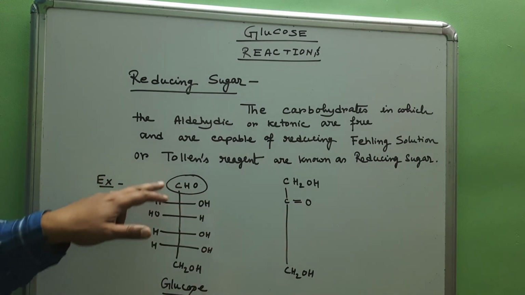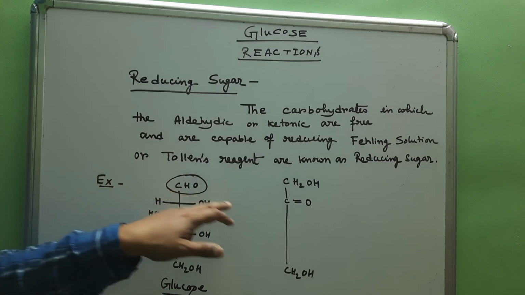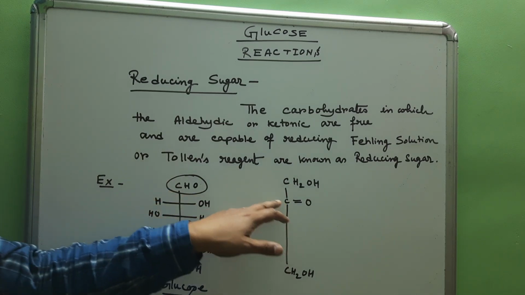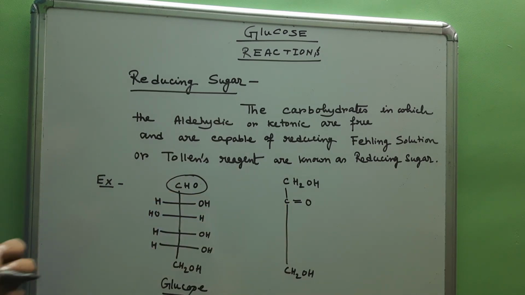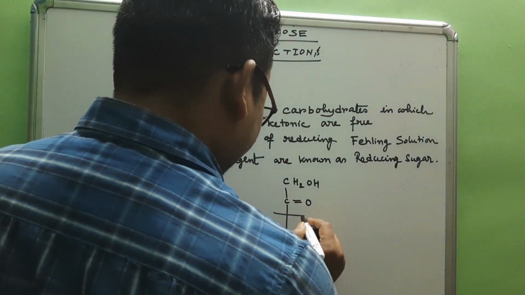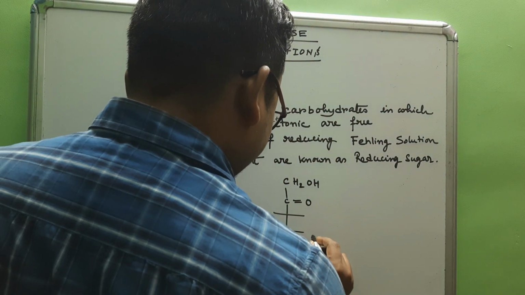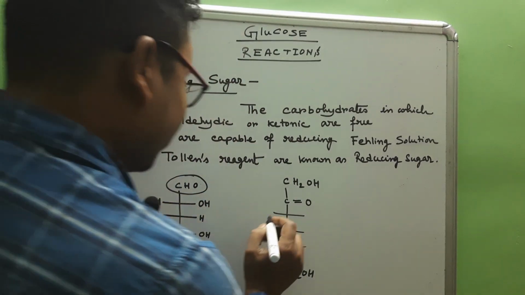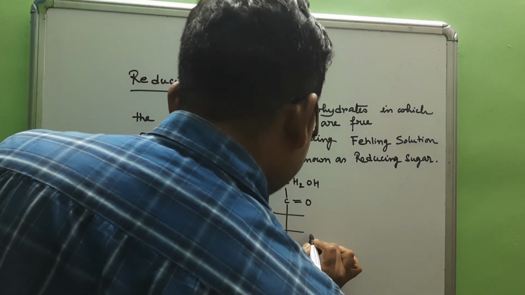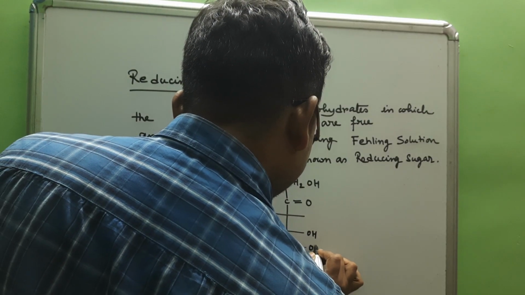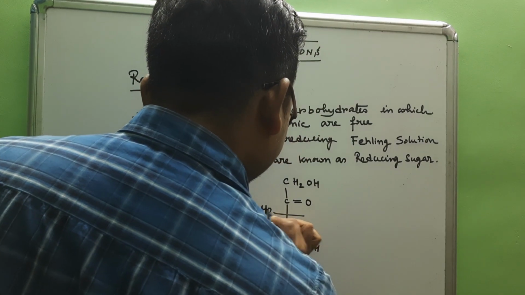Here in glucose, the first carbon atom is the aldehydic carbon. In fructose, the second carbon atom is the ketonic carbon. The rest of the portion, carbons 3, 4, 5, is the same as in glucose.